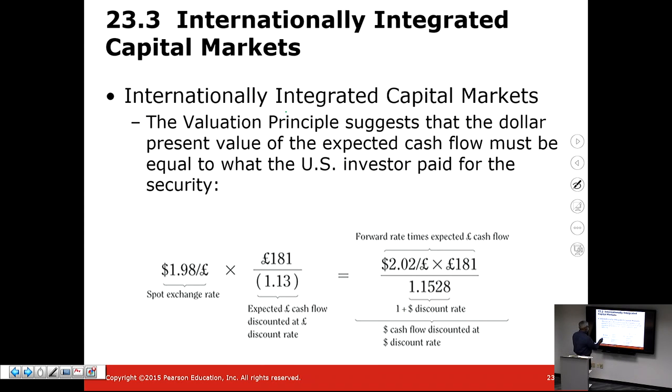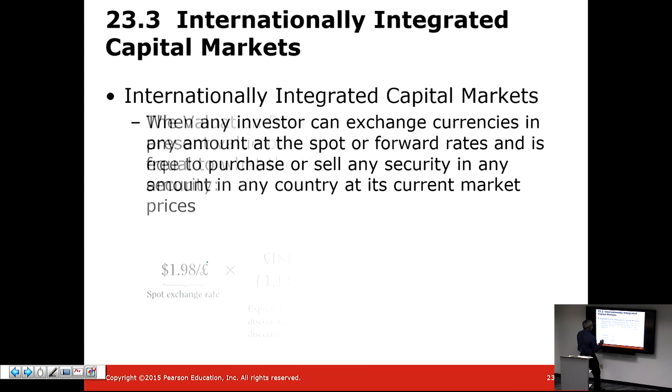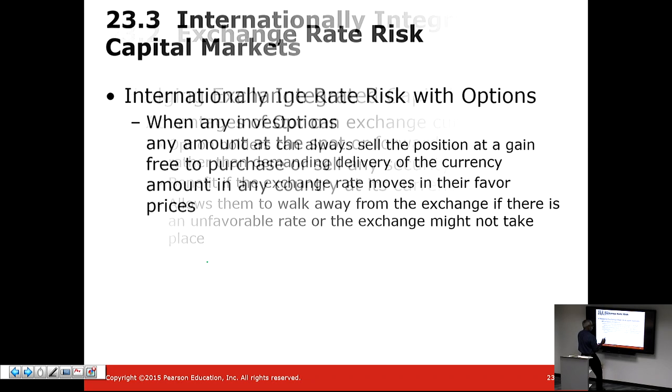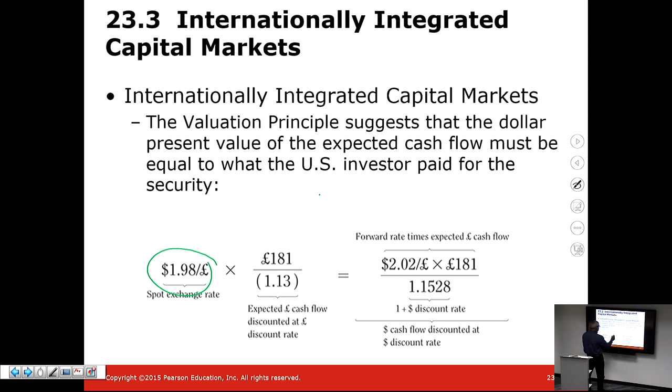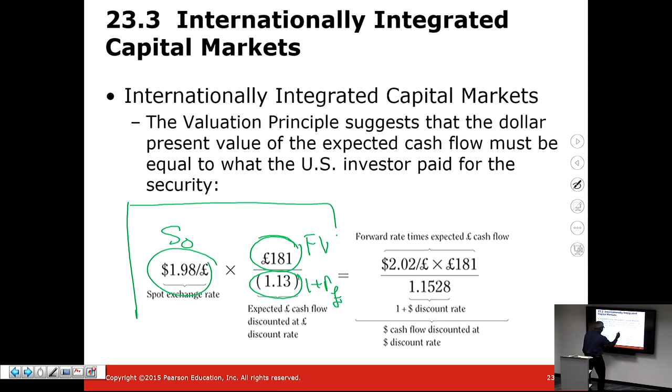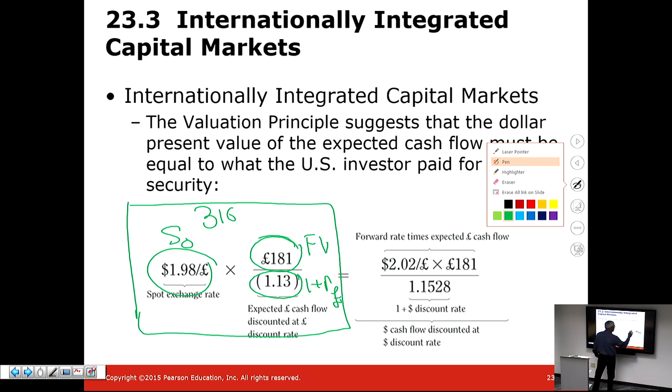The way we get this: we take the exchange rate initially, which was 1.98, the spot rate, multiply by the future value, 181, divided by 1 plus the pound interest rate. All of that gave me 317.16.